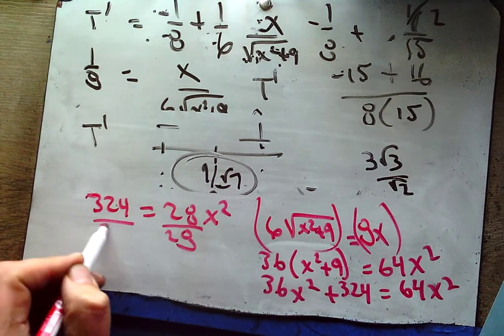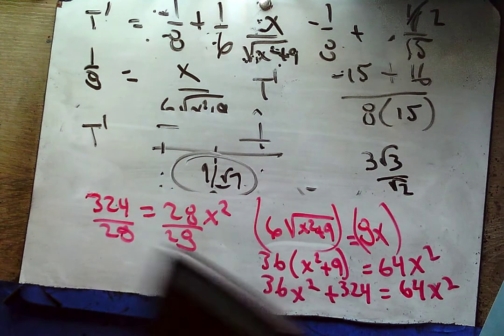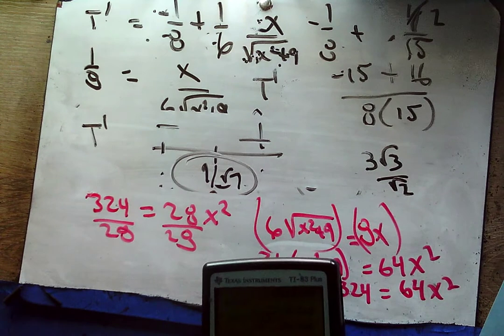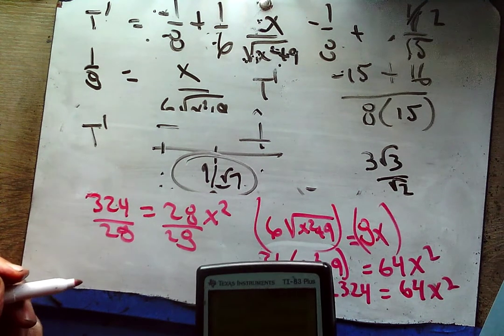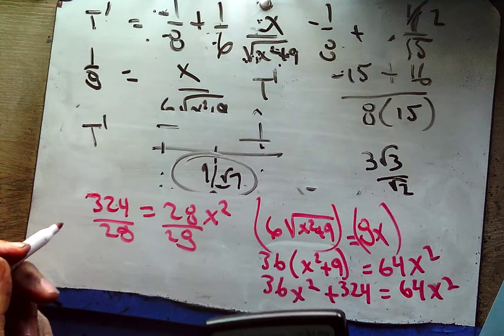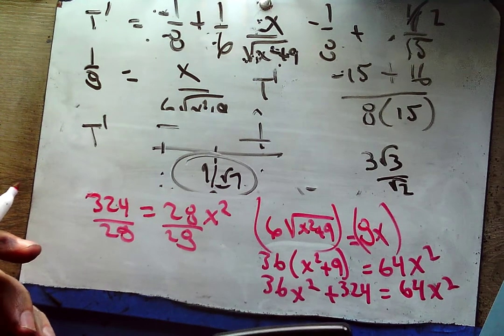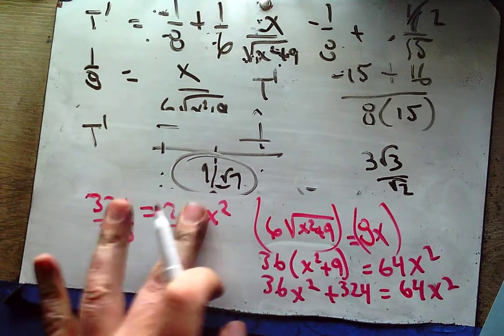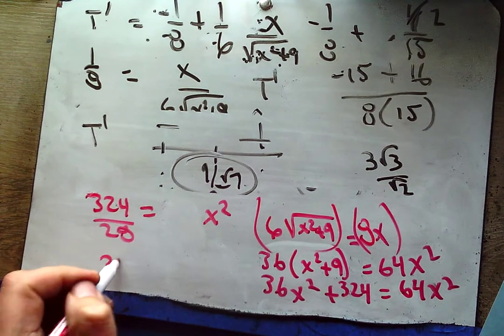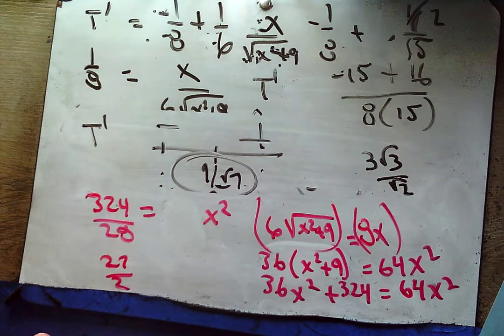Divide both sides by 28. 324 divided by 28 is, ugh, really? Did I make another mistake? No, I didn't. I end up here with 27 over 2.